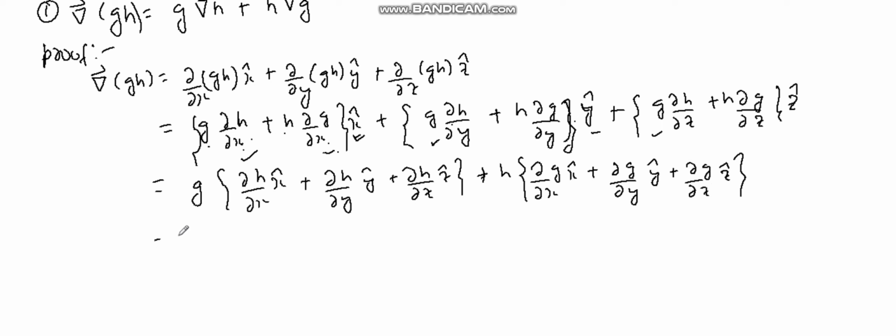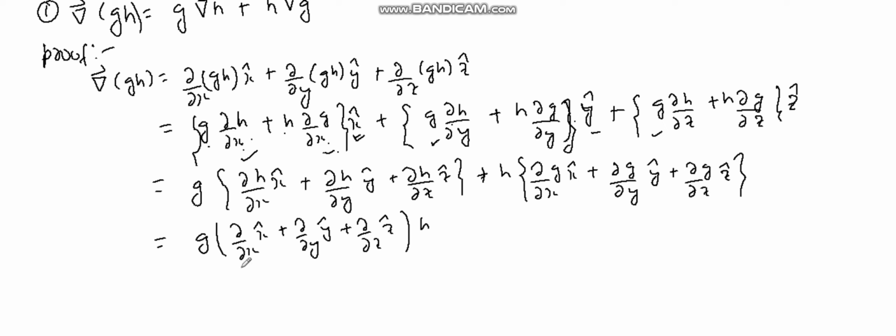Yes, so we can write it like this: del by del x x cap plus del by del y y cap plus del by del z z cap, and then h will be there. So this g is multiplied with this operator, but this h is not multiplied with it.